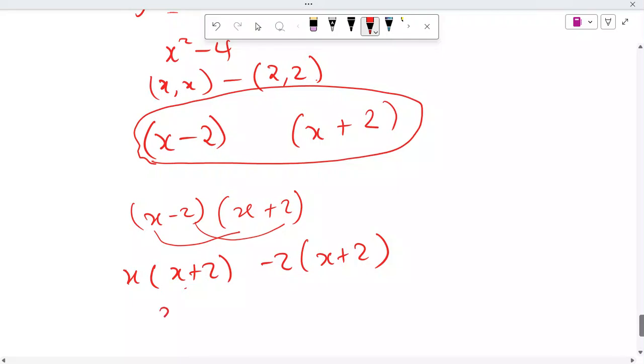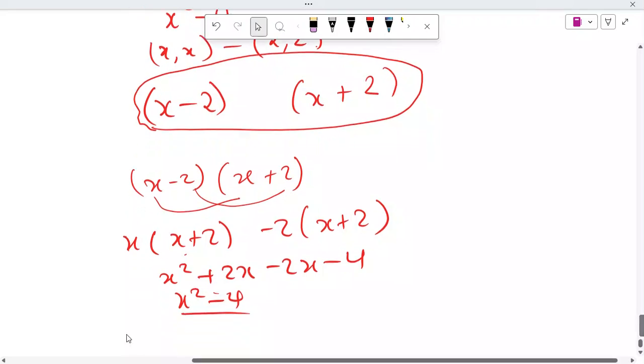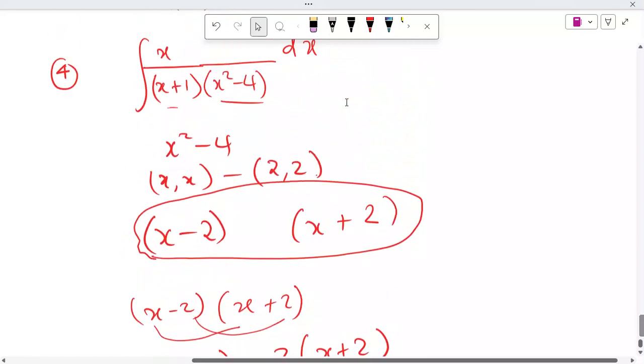This by this gives you x squared plus 2x, this negative 2x, negative 4. So negative 2x plus 2x is 0, and you have x squared minus 4. So we know that when you factorize this, it will give you x minus 2, x plus 2.